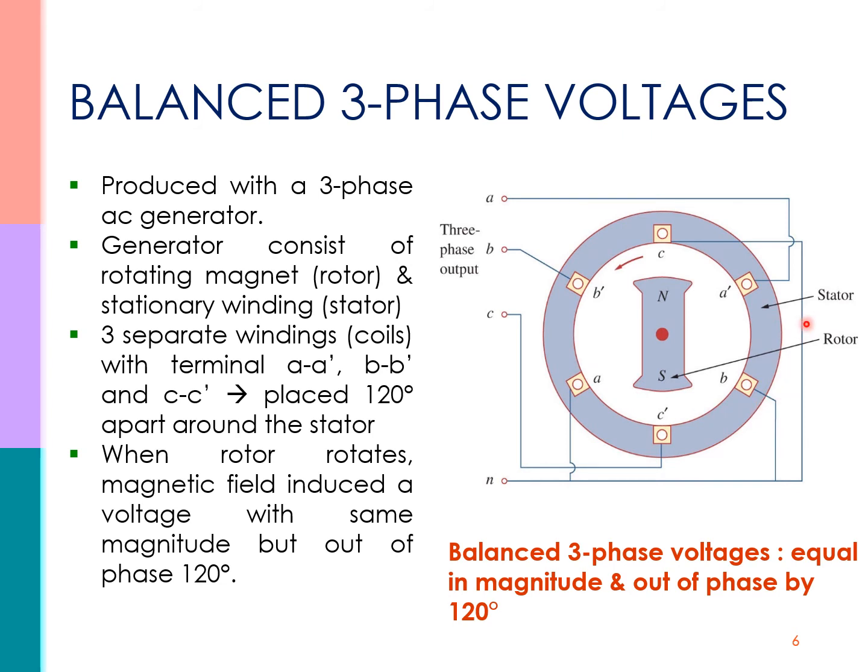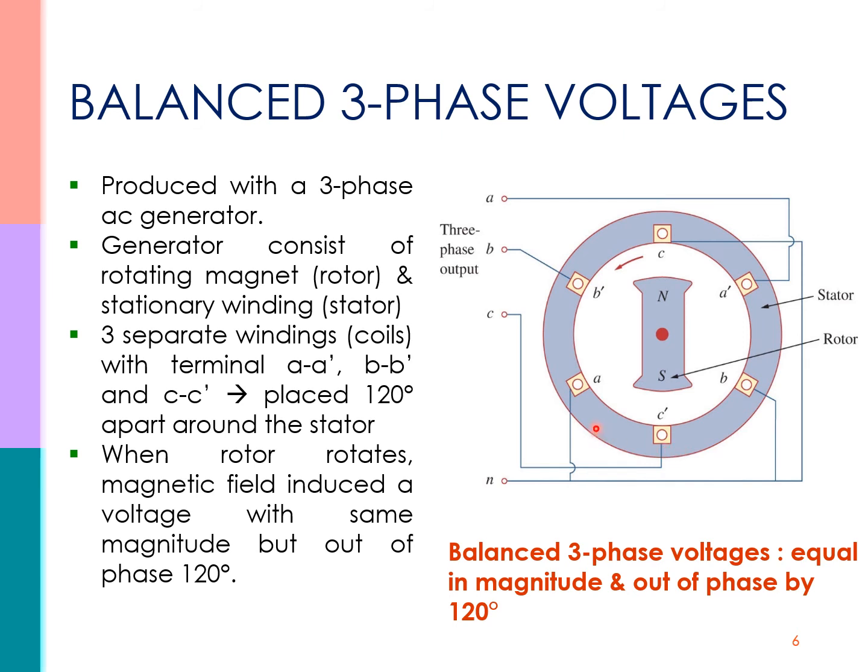Then we have three separate windings or coils, with terminals A to A, B to B, and C to C, physically placed 120 degrees apart around the stator.